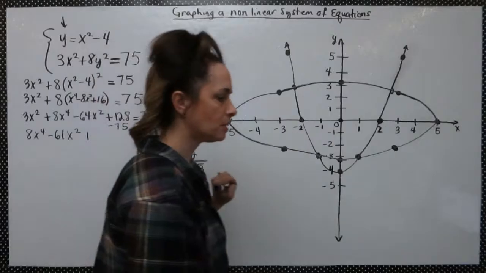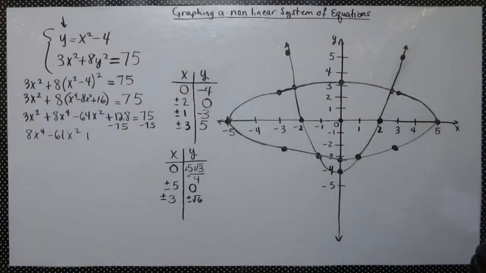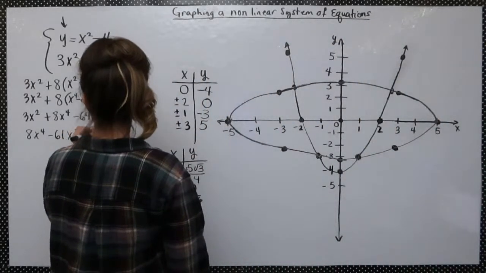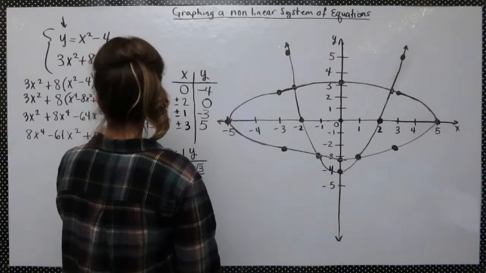And 128 minus 75 is 53. So that's going to be plus 53 equals 0.